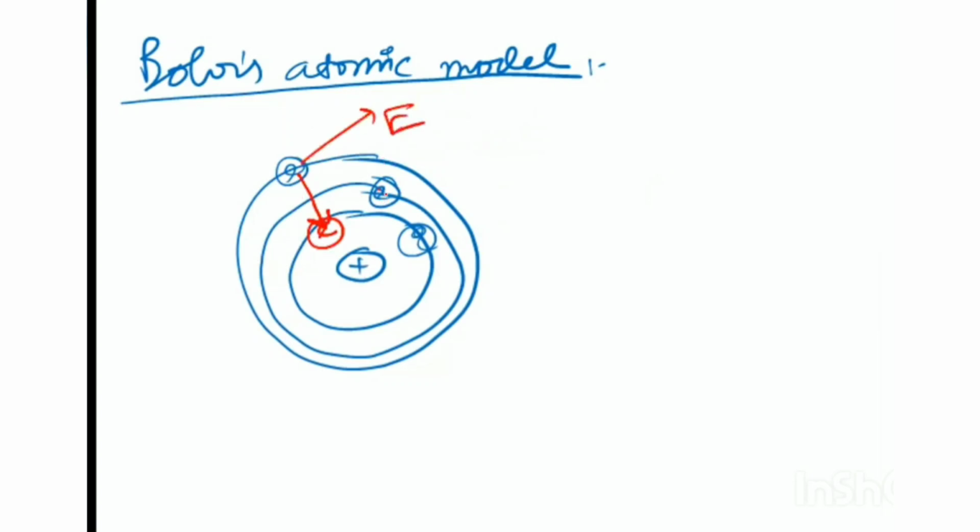And if the electron wants to go to the outside orbit, it has to absorb energy. So in the third postulate he said that if an electron wants to go from a higher energy state to a lower energy state, it has to emit energy. If it wants to go from a lower energy state to a higher energy state, it has to absorb energy.